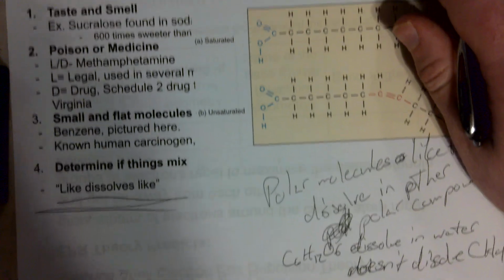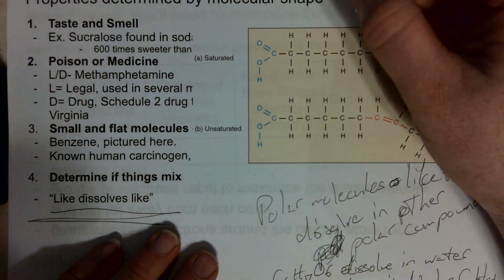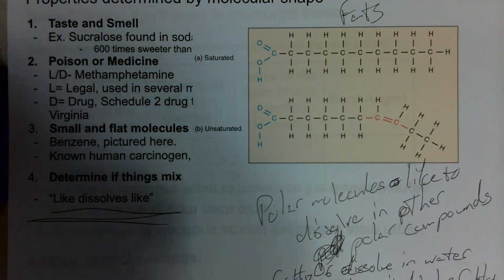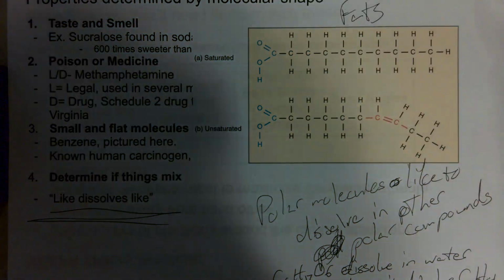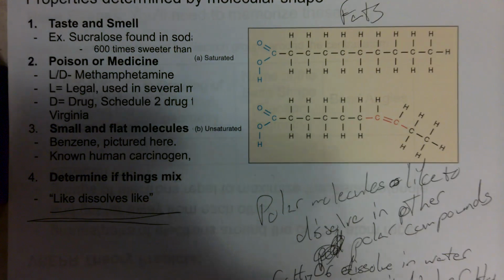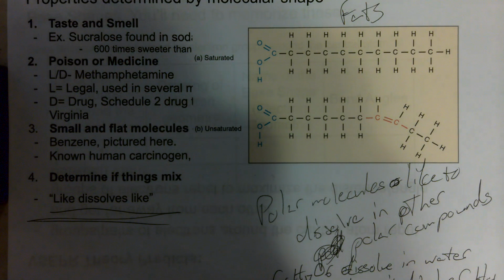So if I'm looking up here, these two images are fats. We have saturated fats and unsaturated fats. When we find saturated fats, I always think bacon. Whenever you cook bacon, you always get that grease at the end, right? That's just the saturated fats that got cooked out.